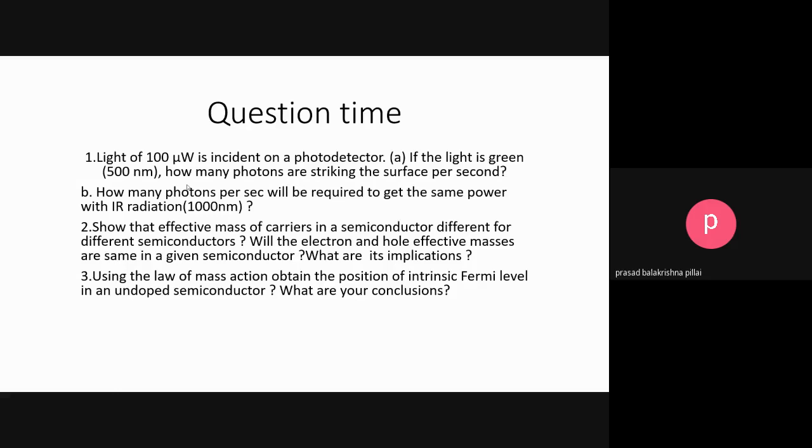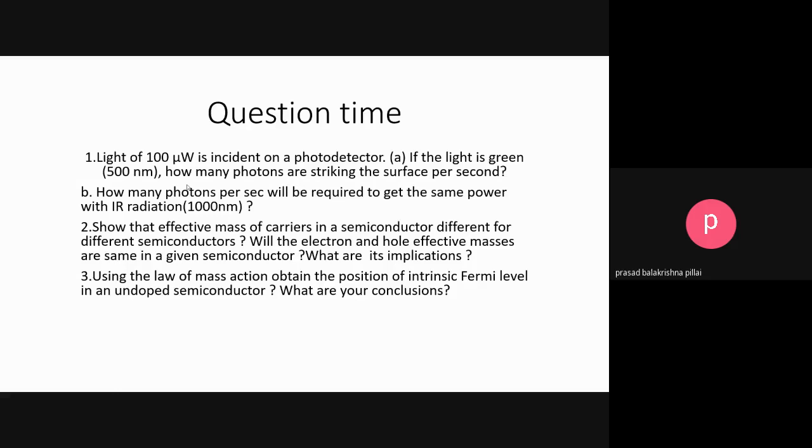Now let me ask you, what is the energy? Can I find out the energy of the photons from the wavelength? Energy equals h nu. But where is nu? Nu is not given. Only the wavelength is given.